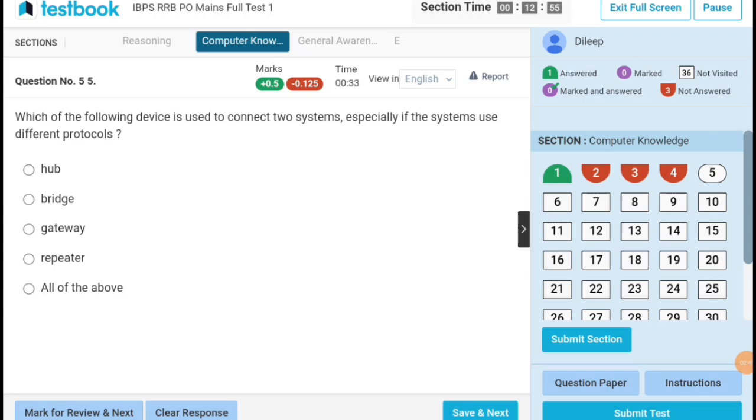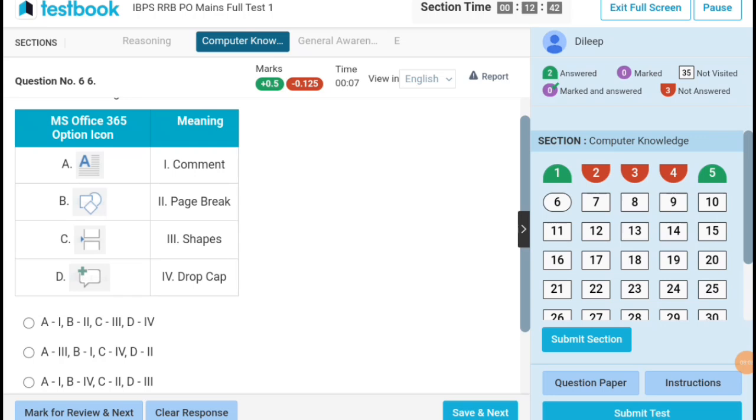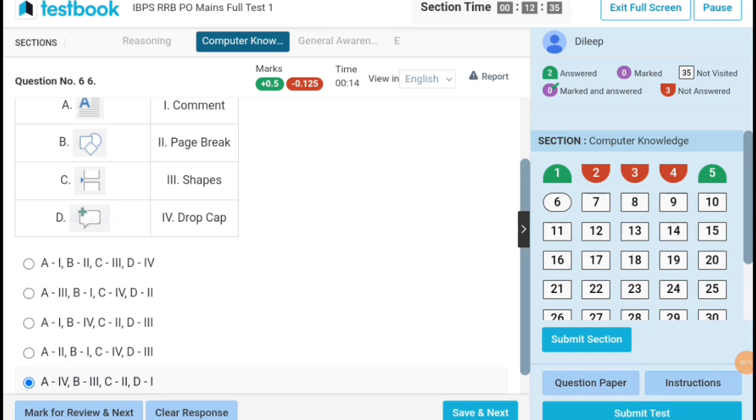I think it is bridge or gateway. Yes, gateway. Next. Comment is D1. Okay, and the waste break is 2C.